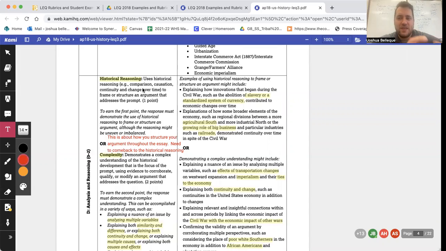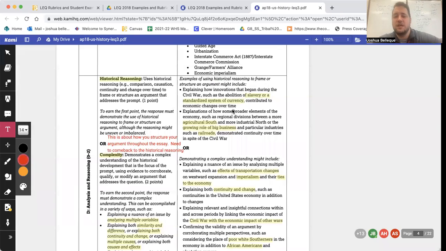Everything is written in a way that fully addresses those aspects of historical reasoning. Some examples here are that they might explain how innovations began during the Civil War, such as the abolition of slavery and standardized currency, and that contributes to change, but they're making sure everything's tied back to change.